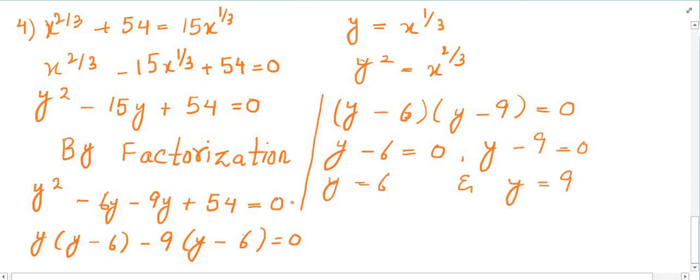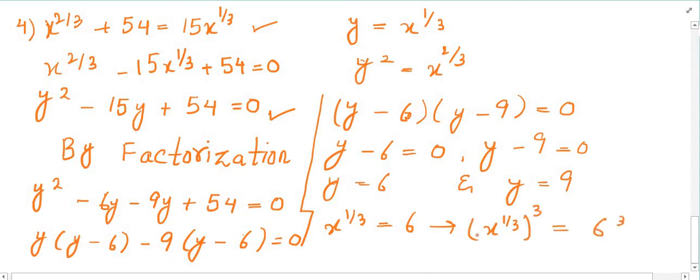Again substitute, because 6 and 9 are the roots of this quadratic equation, but we want the roots for the original equation. So again substitute the y, which is x^(1/3). Cube: x^(1/3) cubed equals 6 cubed. It becomes x equals 216.